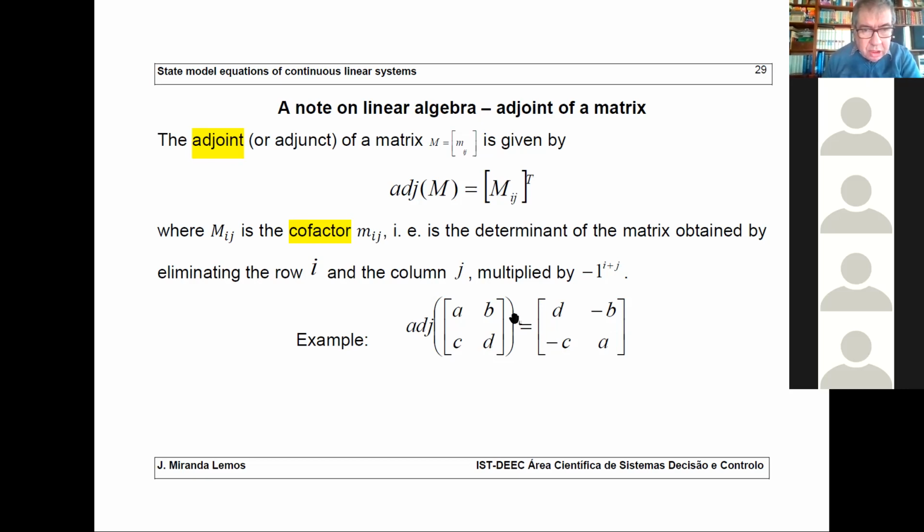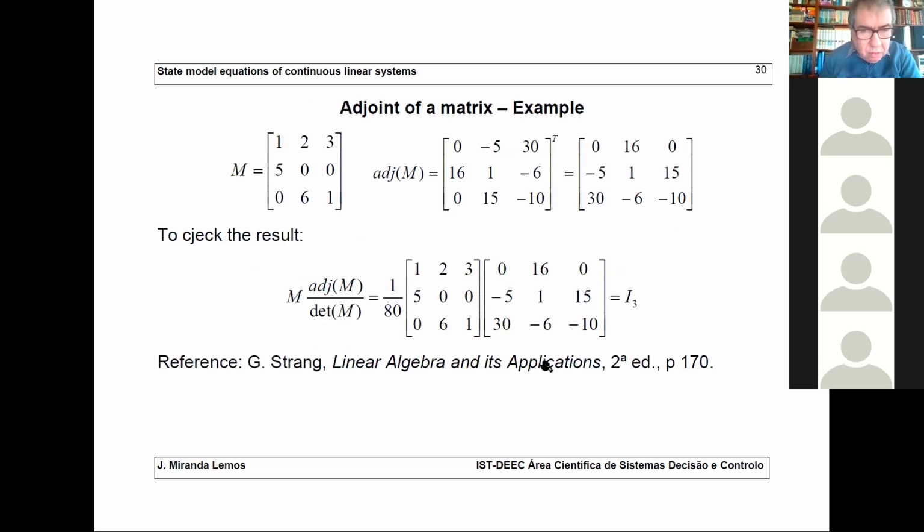So usually what I do is compute the matrix of cofactors, deleting rows and columns, computing the determinants of what is left and multiplying by -1 to the power i plus j, and then in the end I transpose. Okay? I have one example of a 3x3 matrix here. I leave this to you to study at home.